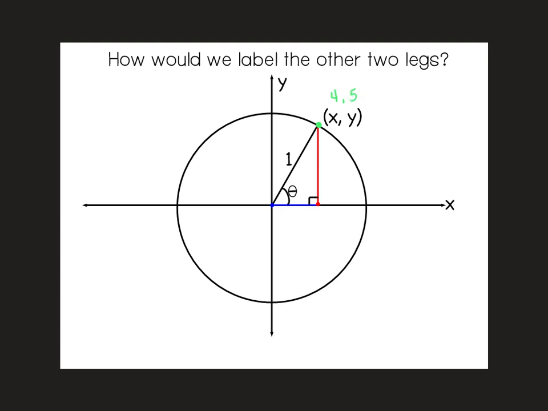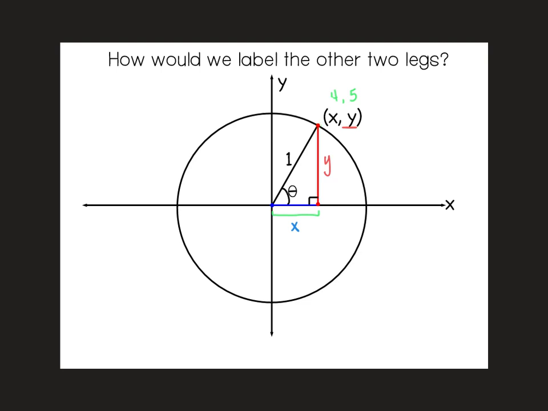If you think about this blue line, this would be 4 because the point up here is (4, 5). So I could really label this side as x. It's x long, whatever x is. If you look at the red side, it's this tall, and this right here would be the 5, or if I wanted to be more generic, y.